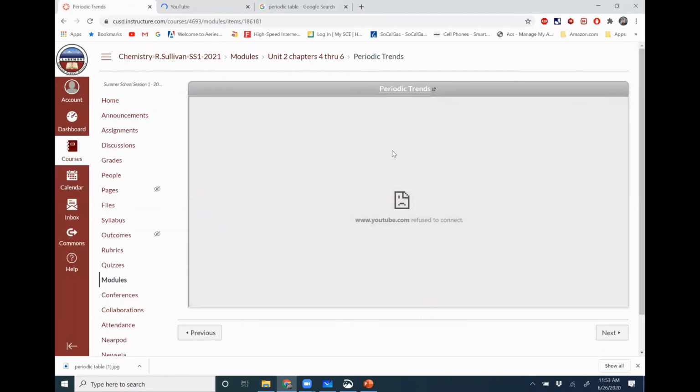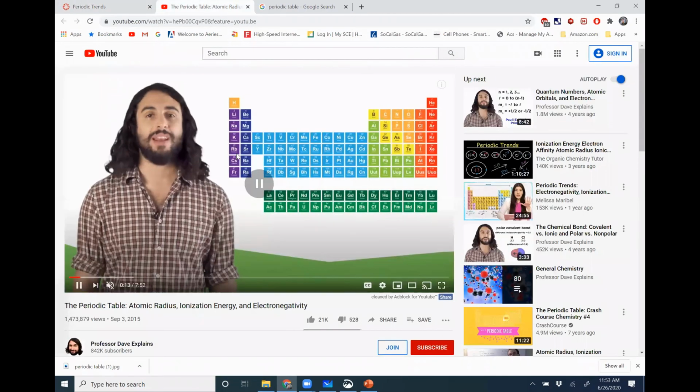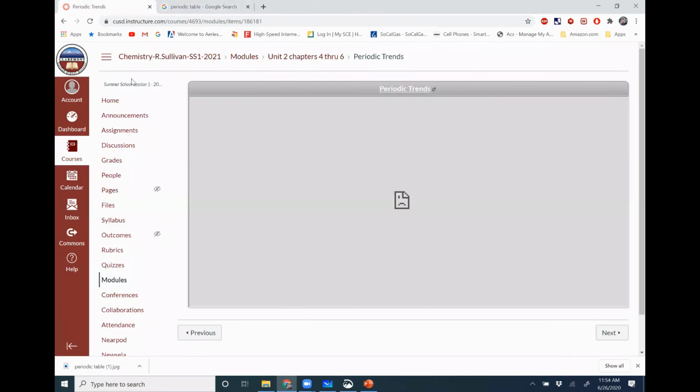Anyway, if it's not going to load inside, that's probably because I have an ad blocker on, as you can see. If it doesn't load in the window, you can click right there and it'll just open it up in a new tab. But anyway, Professor Dave has a good explanation of periodic trends if you want to watch that on top of what we talked about today.